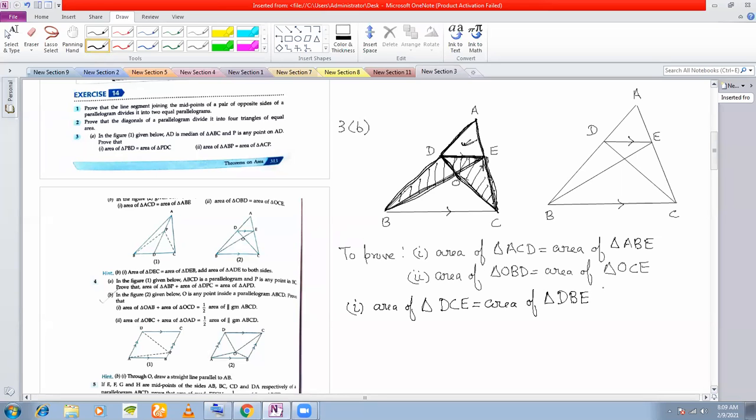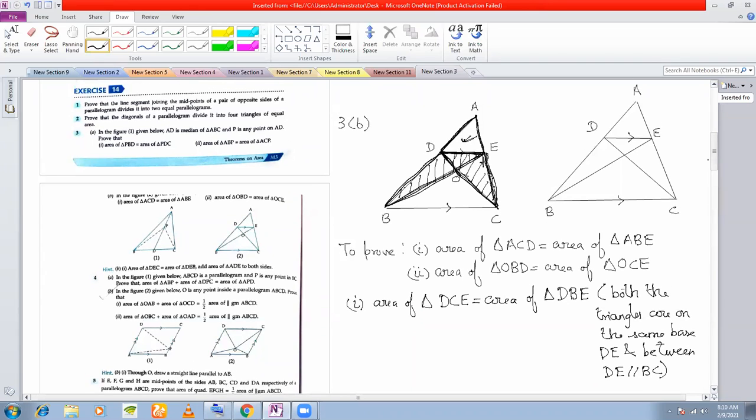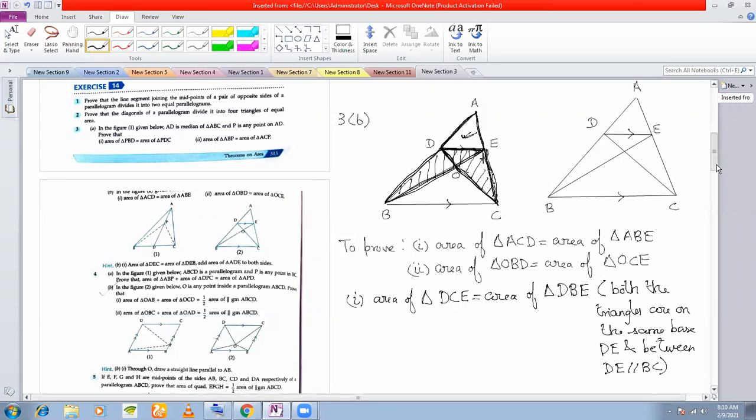Reason is because both the triangles are on the same base DE, and between what parallel lines? DE parallel to BC. These two parallel lines. So that is why we know that triangles on the same base and between the same parallels are equal in area. That theorem we have used. Therefore the area of these two triangles are equal.